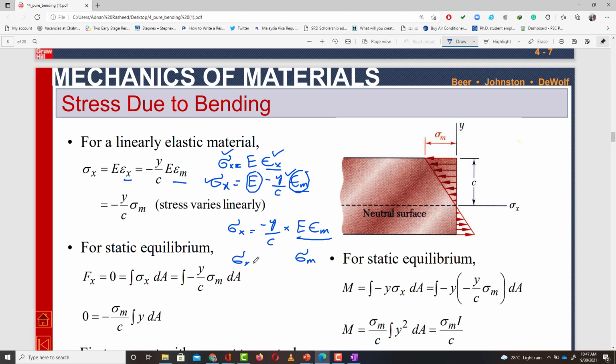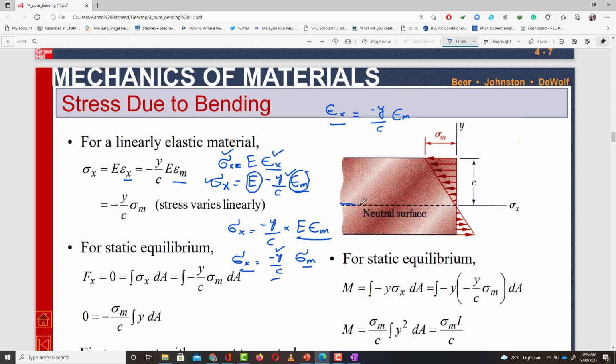So stress is equal to minus y over c into sigma m. Just like you have written that epsilon x is equal to minus y over c into epsilon m, sigma x is equal to minus y over c into sigma m, where sigma m is the maximum stress. Clear? So this stress also varies linearly with y.